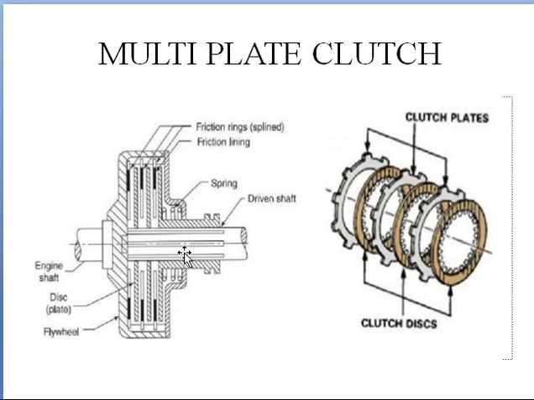Now this driving shaft is in contact with the driven shaft because of the friction present here. When we press this pedal, this will slightly move from here, and hence there will be no contact between the flywheel and the driving shaft, so it will get disengaged and we can change gears. So this is how the multi-plate clutch works.